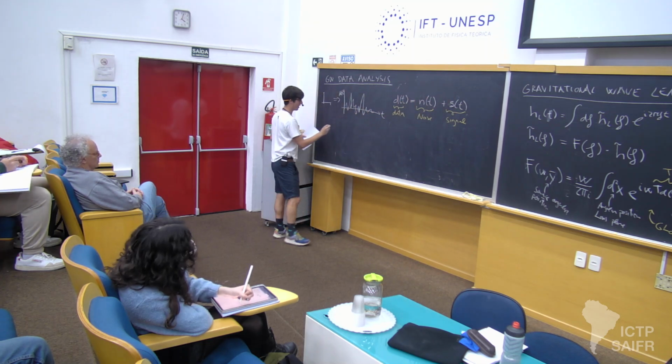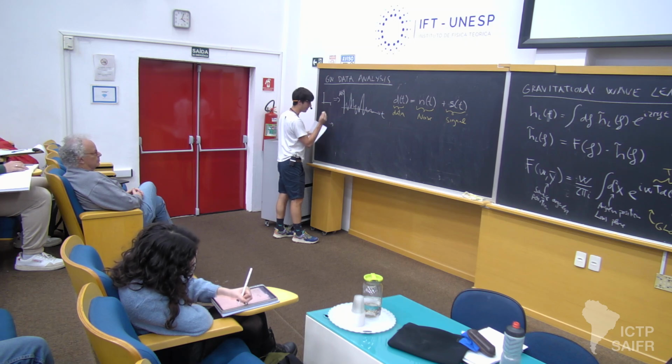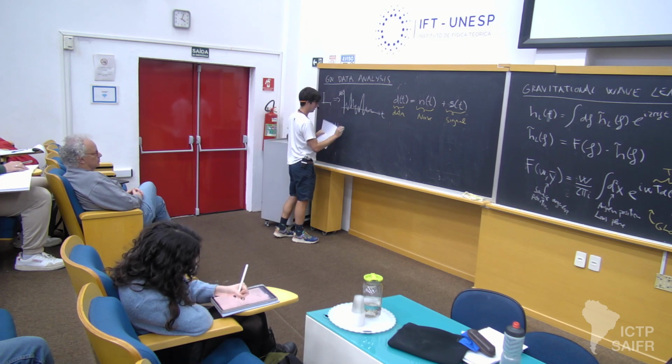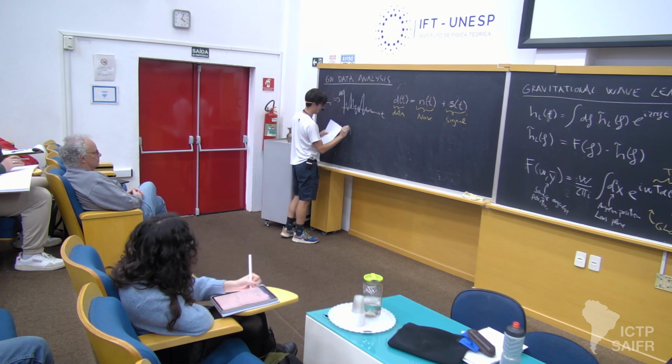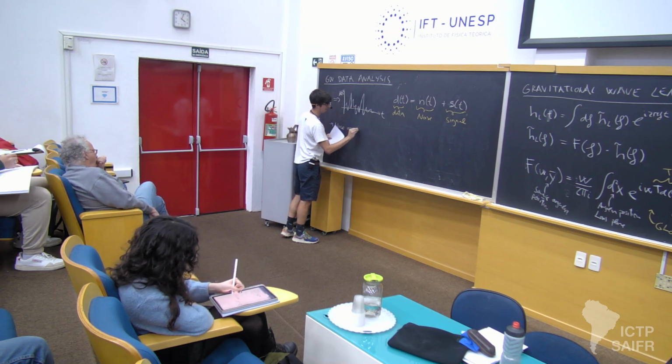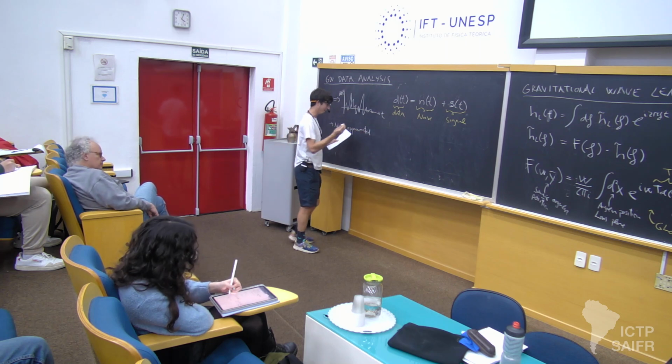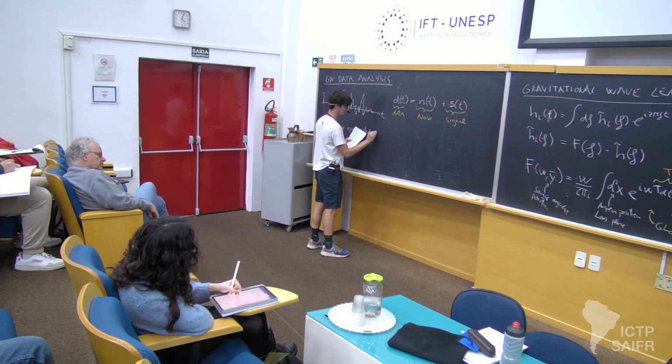The first order approximation that one can do, and this we know is not true, but serves for most of the purposes, is that the noise is approximated.